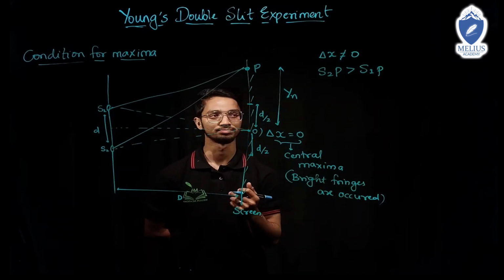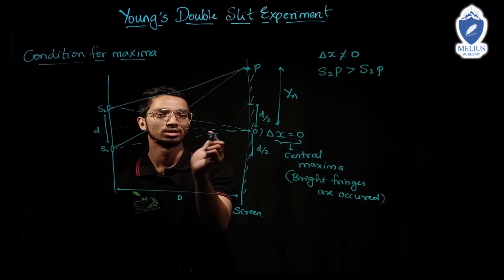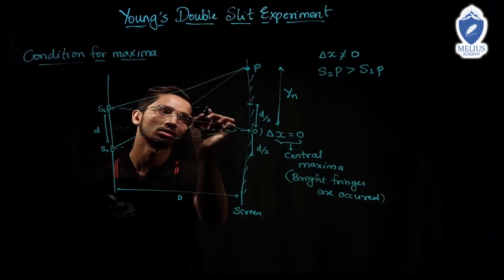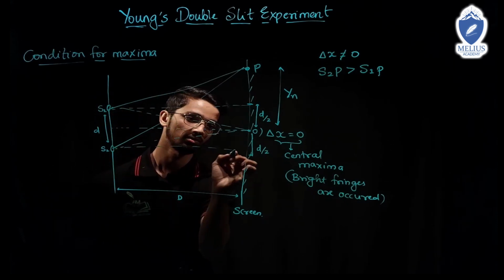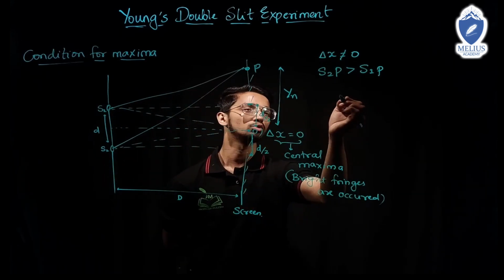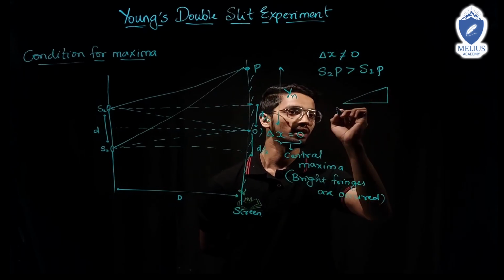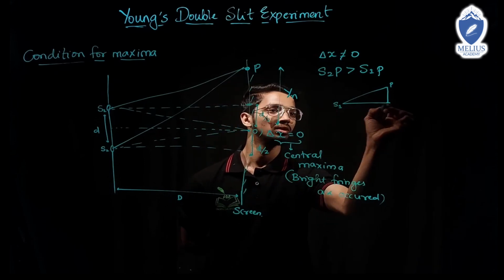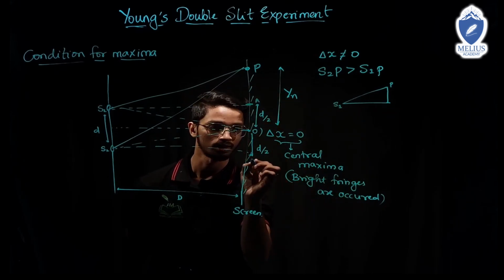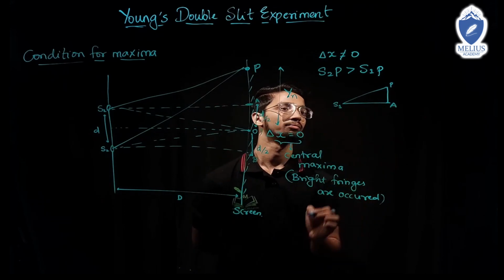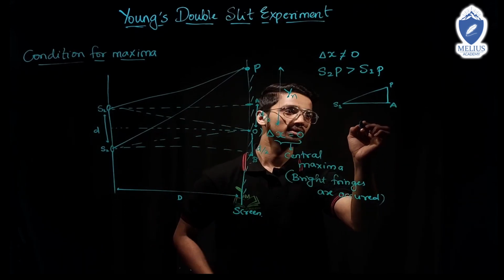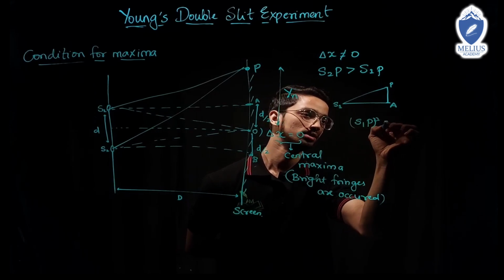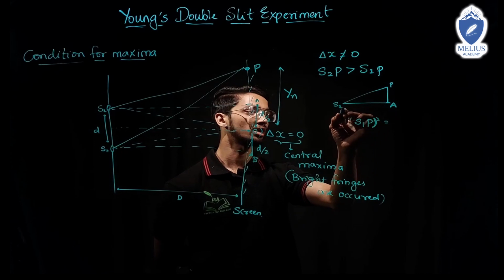Now see here, there are two triangles. Let us assume these points as A and B. From the triangle with S1P, this is like a Pythagoras triangle, right?